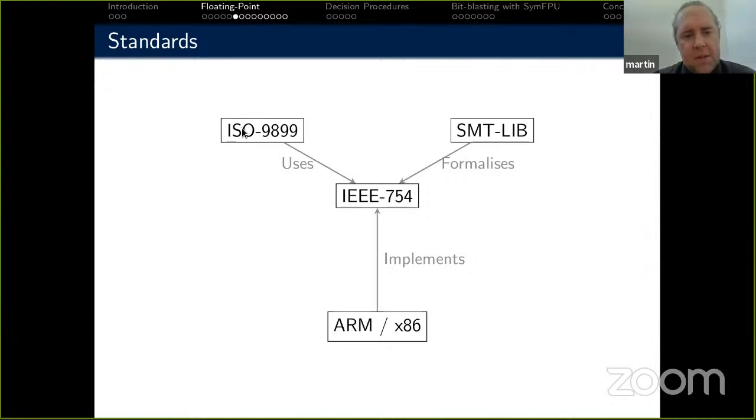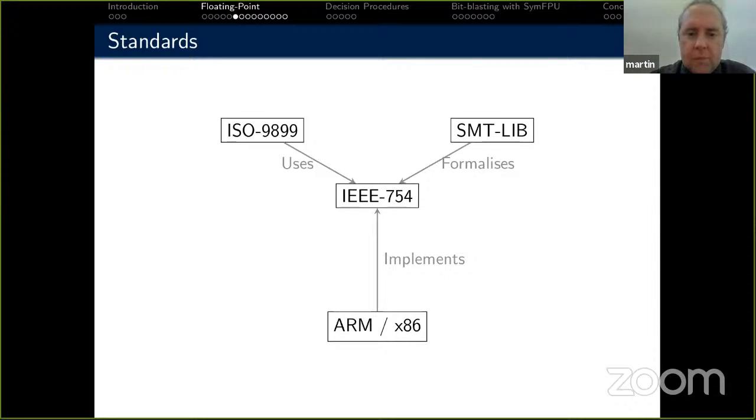Then you have things like ISO 9899, which is the C programming language standard, and they mostly use this and reference into it. So there's an appendix in the C standard that says C has a float type and a double type, and we haven't really told you what they are, but if you implement the appendix, I think it's C or D, then they are IEEE 754 float 32 and IEEE 754 float 64.